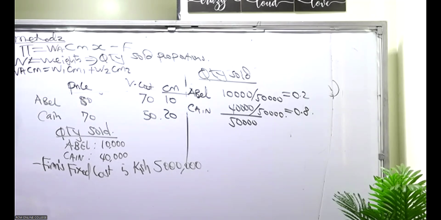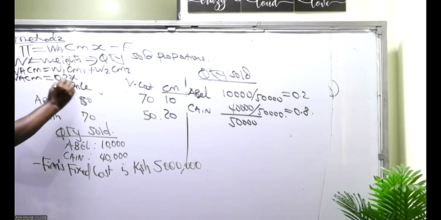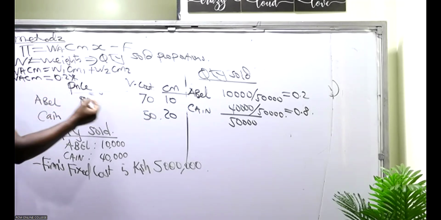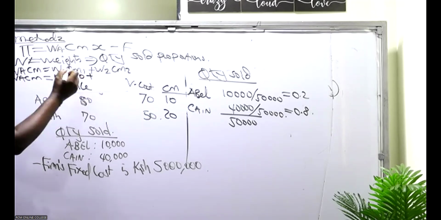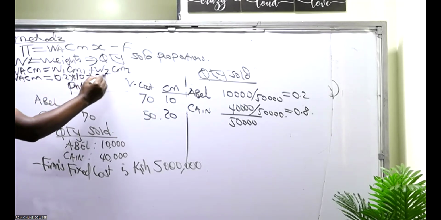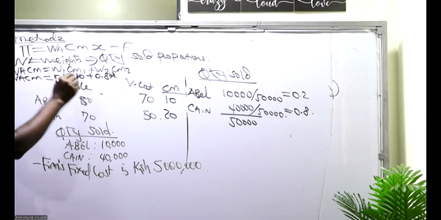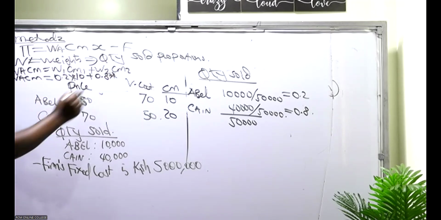So then my WACM will be weight 1 times contribution margin 1. Weight 1 is for Abel, 0.2, and the first contribution margin is 10. Plus weight 2, which is 0.8, times contribution margin 2, which is 20.